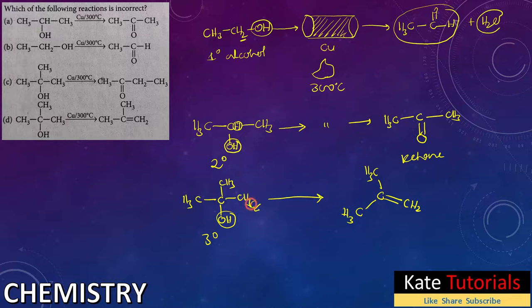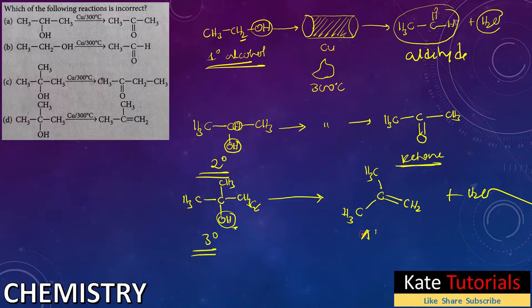One H from this and the OH from this are removed as water, H2O, and I get a double bond, CH2. So from primary alcohol I get aldehyde, from secondary alcohol I get ketone, and from tertiary alcohol I get alkene.